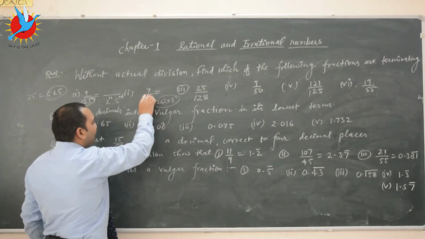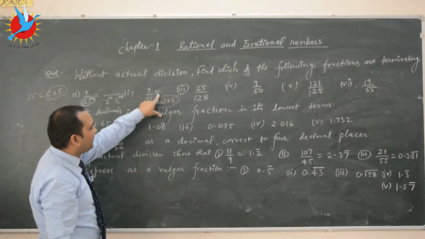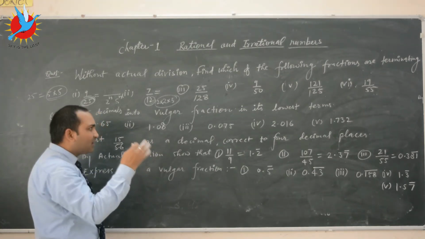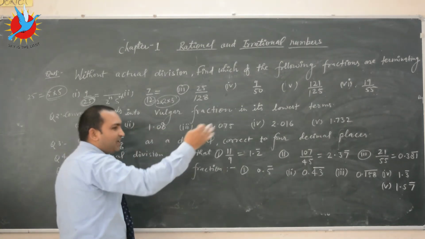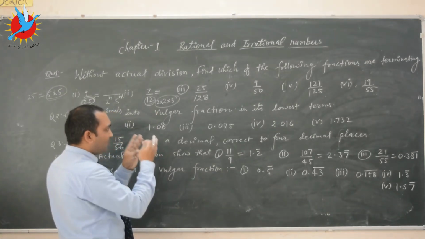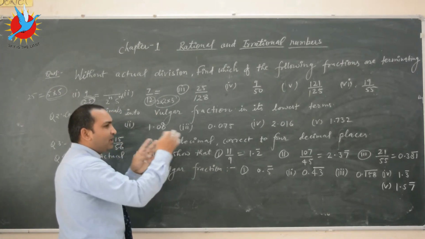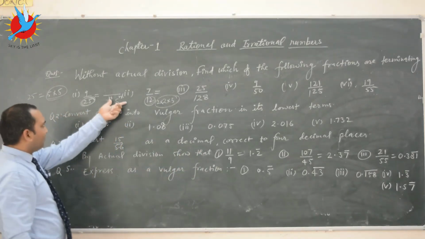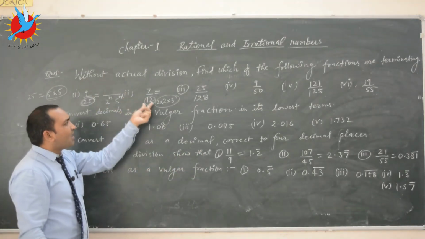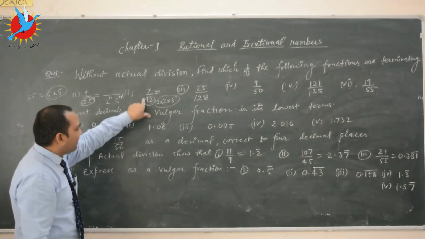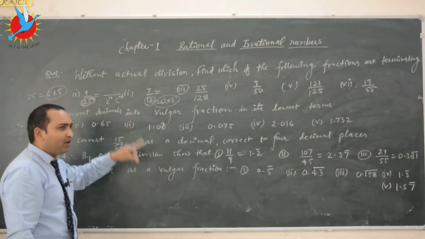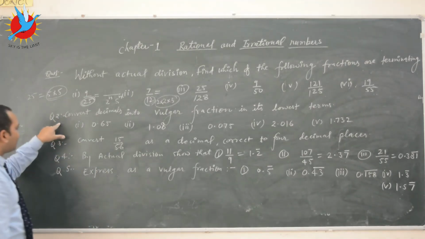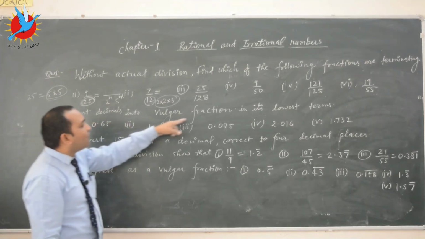Whatever you get for 7 upon 12, that will be non-terminating, means never ending after the decimal place, but repeating. Some certain digit you get, that will repeat after some period. So without actual division, you can say by making the factor of the denominator, whether it is repeating or terminating.